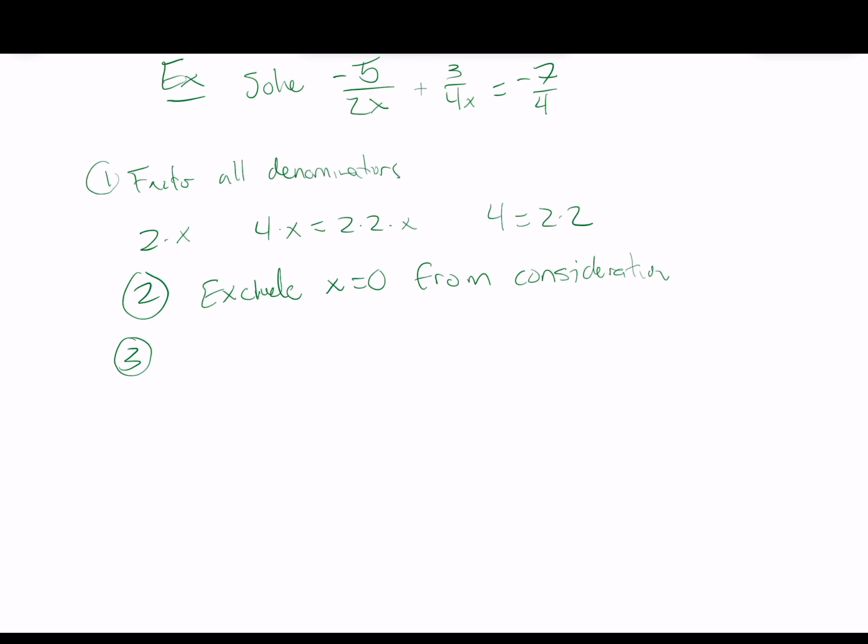Step 3, find the LCD. Well, what factors need to be involved? Well, we know we'll need at least 2 factors of 2, so 4, and we'll need at least a factor of x. So 4x should clear all of the denominators. So what we need to do then is we need to multiply both sides of the equation by 4x.